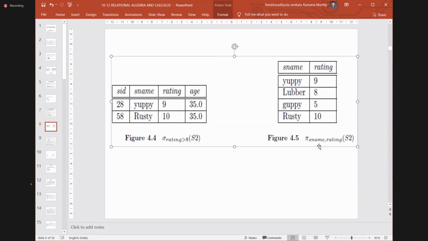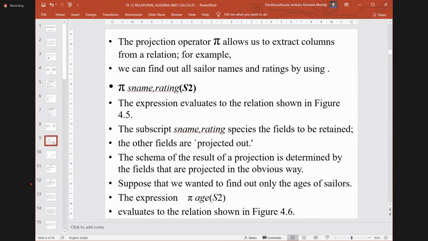After executing this query, we get the S name and rating columns from the previously given S2 table. So the subscripts for the project operator tell us which columns we need to project out.